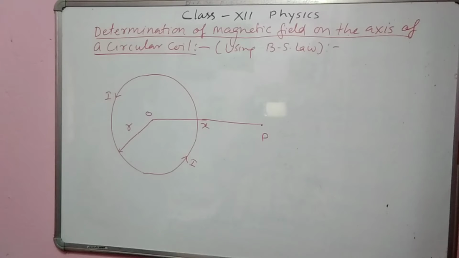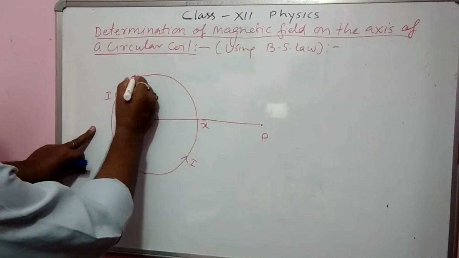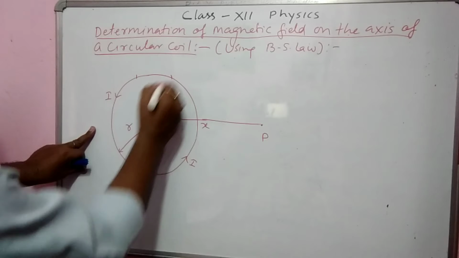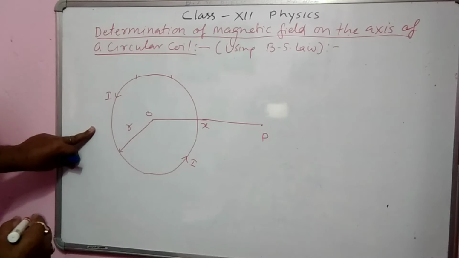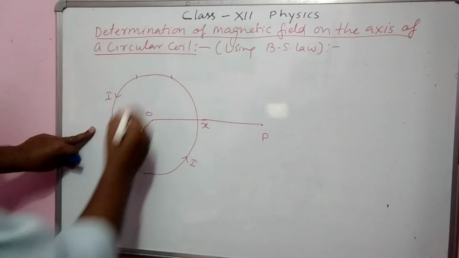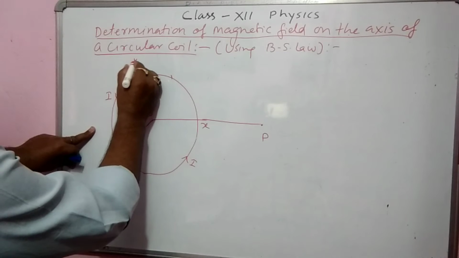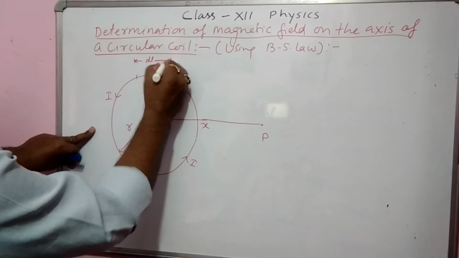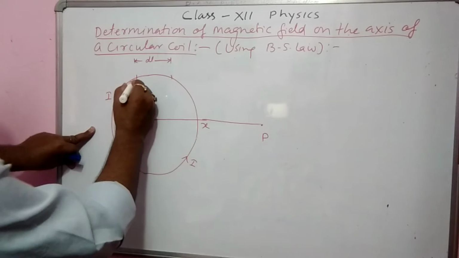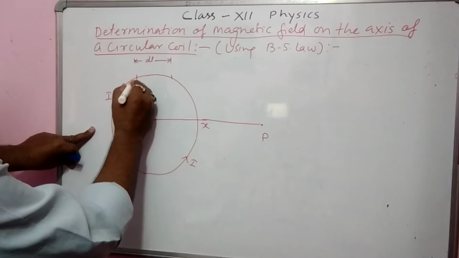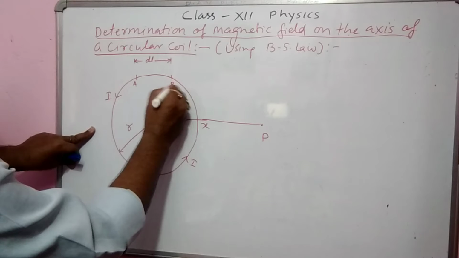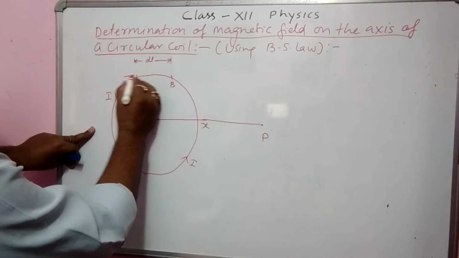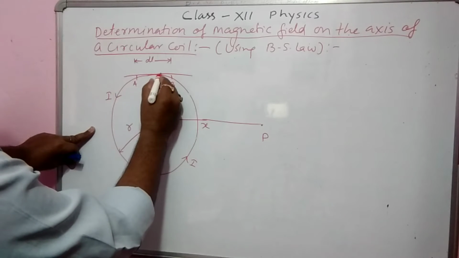For using Biot-Savart's law, we have to consider a small current element in the coil. This is the current element AB of length dl, and this is the tangent on this current element.